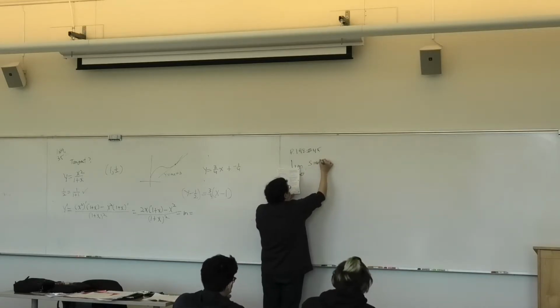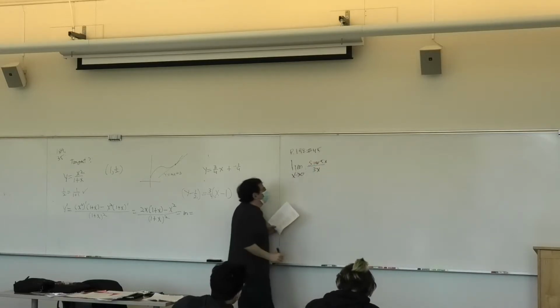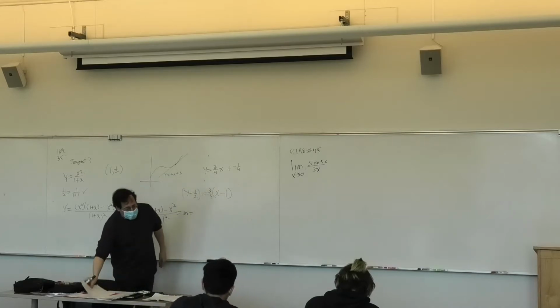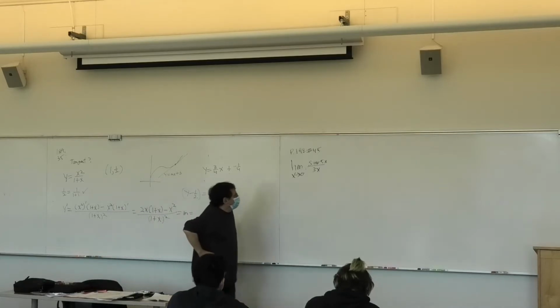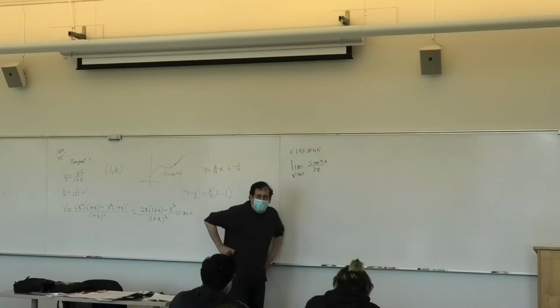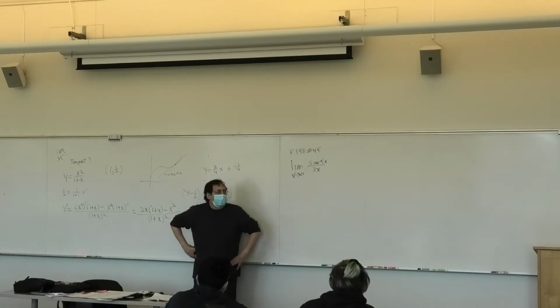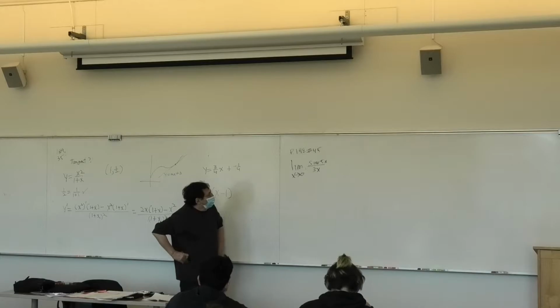Sine of 5x over 3x, right? You look at that and you go, it's too bad we're not about 5 chapters later where there's a really simple way to figure this out. We have to think a little more clearly.